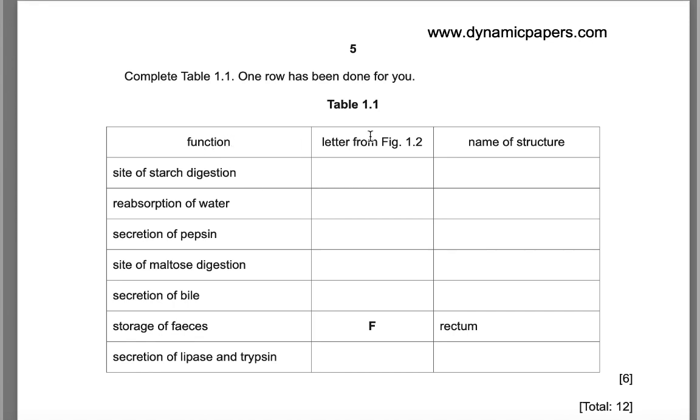Here is the function, here is the letter from figure 1.2, and here is the name of the structure. One has been done for us, row number 6. We have storage of feces, the letter from the figure is F, and the name of the structure is rectum.